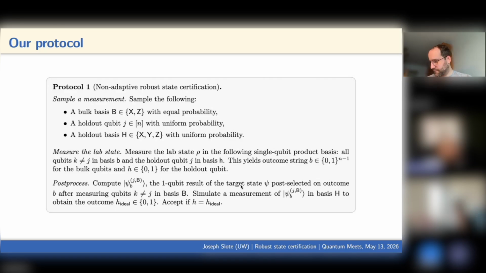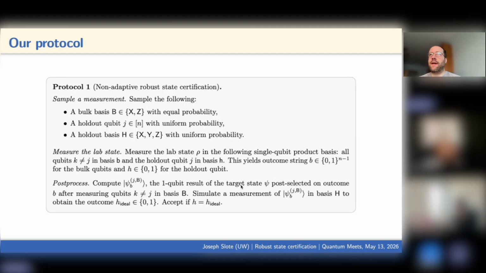Joe, can I ask a silly question? So here, if you had also Y when you're deciding the bulk basis, does that not give you anything? Is it identical, or is it hard to analyze? It doesn't seem to give you anything. I see. And of course, if you remove it from the holdout qubit, it stops working, I guess, or we don't know. That's right.